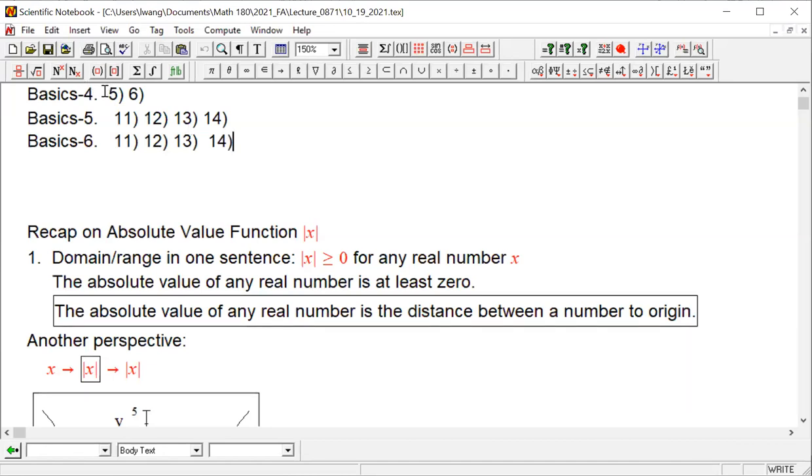Could you work on these questions? You can also submit your answers. I'm going to open the room. Please work on these questions.